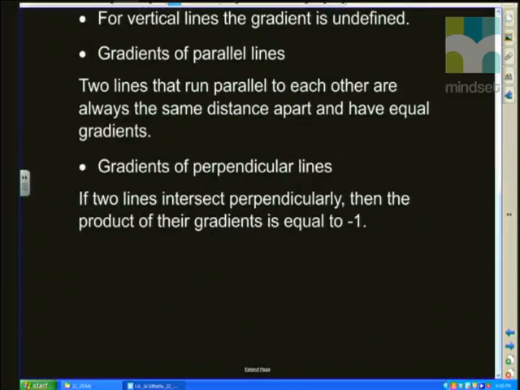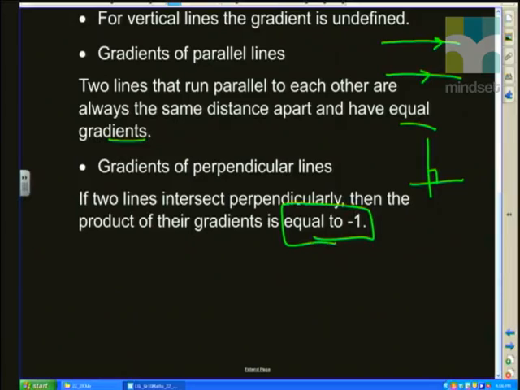Remember, very importantly, that parallel lines have equal gradients. Parallel lines are the same distance apart, and the gradients of parallel lines are equal. And when you're dealing with perpendicular lines, the product of the gradients of the perpendicular lines is equal to -1.